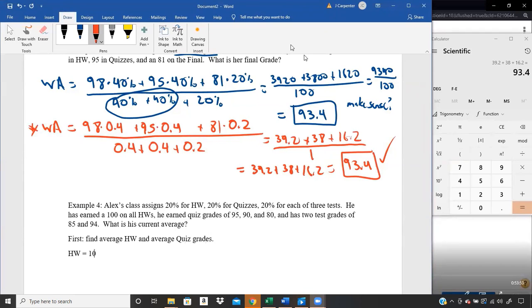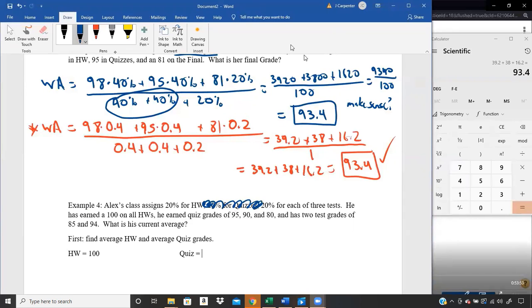Well, the homework is very obvious. It's 100. Why? Because he earned 100 on all the homeworks. Quizzes, we have a 95, a 90, and an 80. And you go, okay, well, the quizzes are worth 20% each. Nope, doesn't matter. We don't care about any of these weights right now when we're looking at an independent category, and all of these in the independent category are weighted equally.